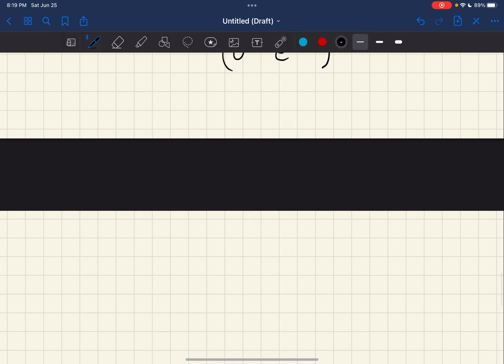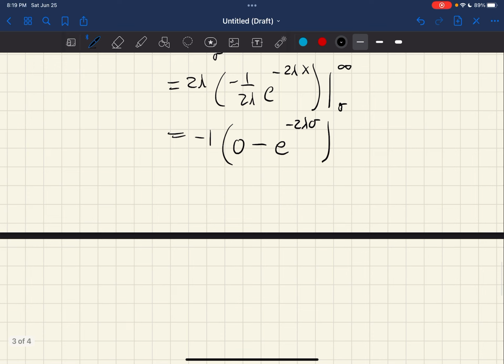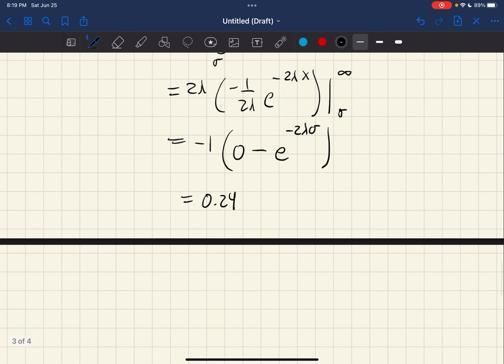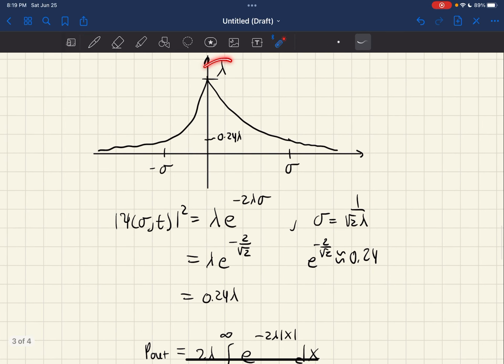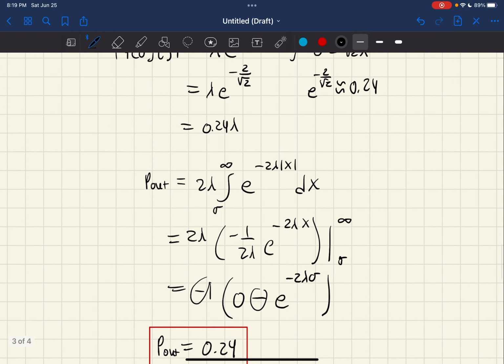And we found this quantity already. It's just 0.24, so this is going to be equal to 0.24, as the negatives will cancel right here. So this is the probability of finding the particle outside of the spread of the function, outside of this range right here. So you can see it's fairly small. So yeah, that's the end of the problem.